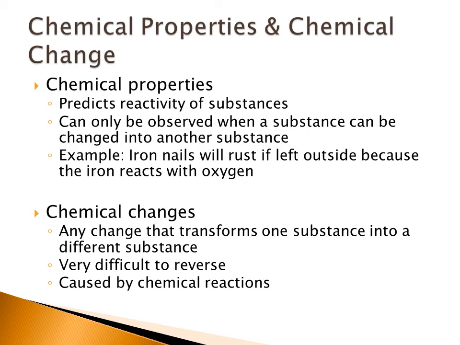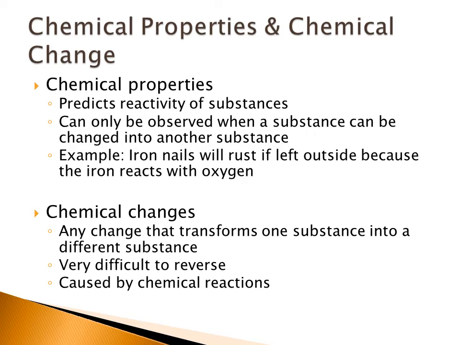Okay, so chemical properties are things that predict the reactivity of substances. We can really only observe those when a substance can be changed into another substance. For example, iron nails will rust if we leave them outside because the iron is reacting with oxygen to create iron oxide. So that's a change in your substance.